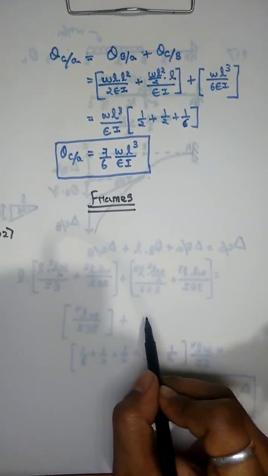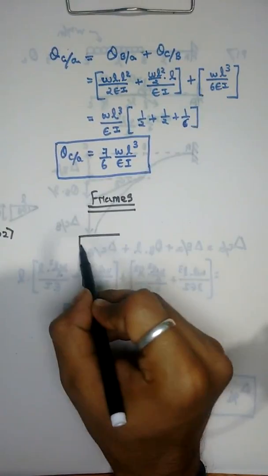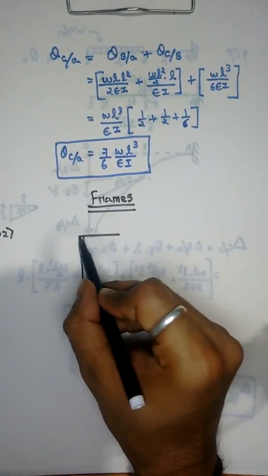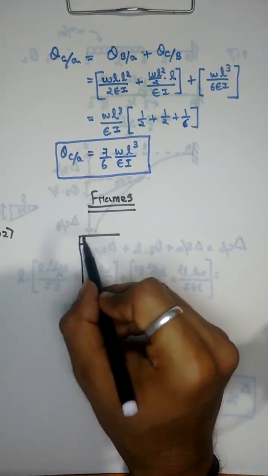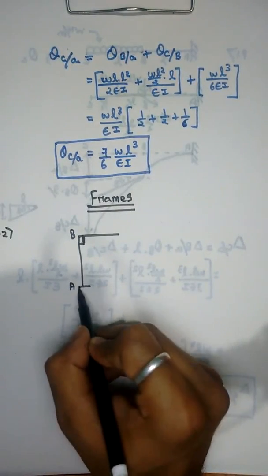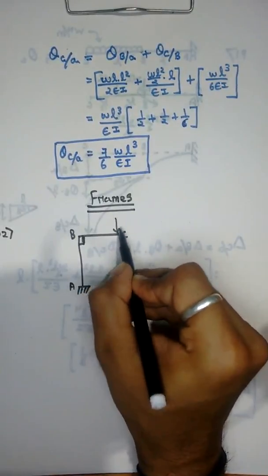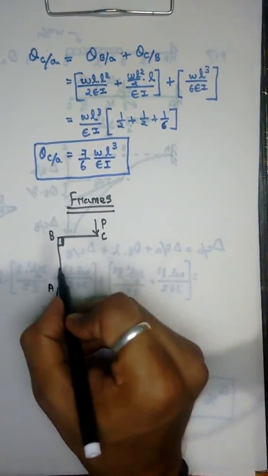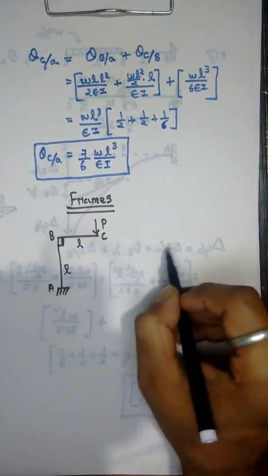In our second question, we have a frame, specifically a 90-degree frame, because the angle between its two parts is 90 degrees. This is B, this is A. The vertical section is fixed. This is C, and at point C there is a point load of magnitude P. This is length L, this is length L. BC is of length L and AB is also of length L.